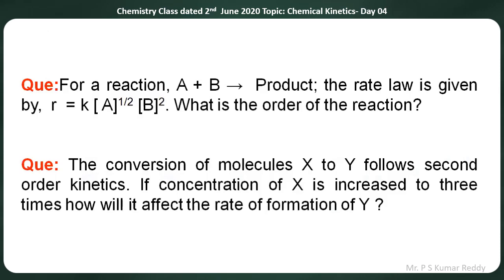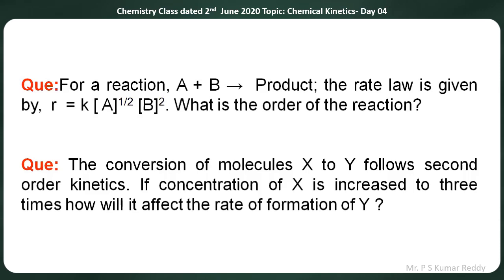It is given as, for a reaction A plus B gives rise to products, the rate law is given by R is equal to K into concentration of A to the power of half into concentration of B to the power of 2.